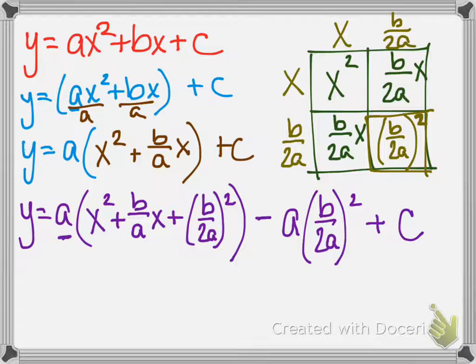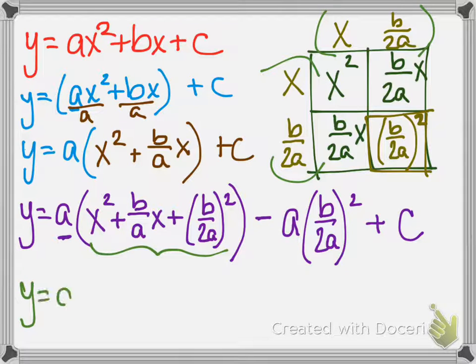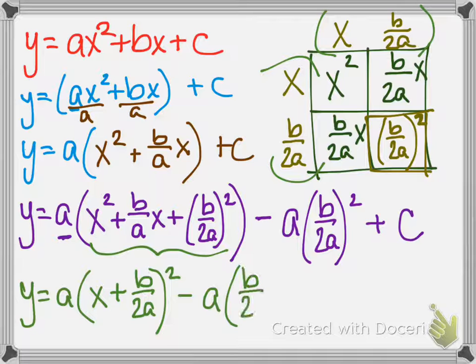So now remember, this can be factored into what I have over here and squared, so y equals a times (x plus b over 2a) the whole thing squared, minus a times (b over 2a) squared, plus c.